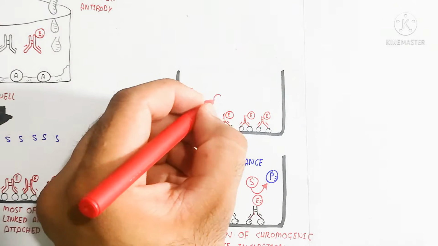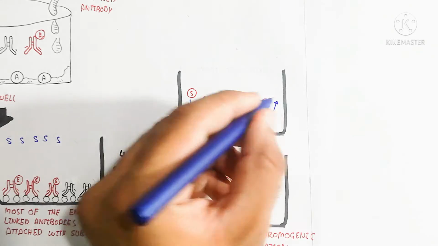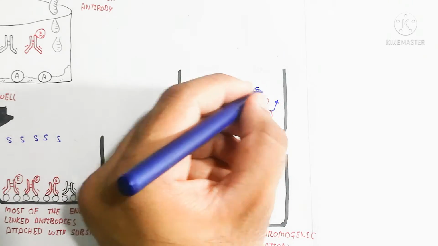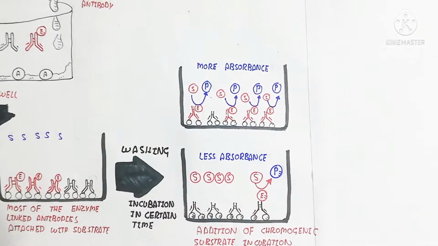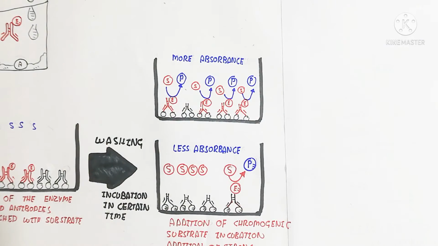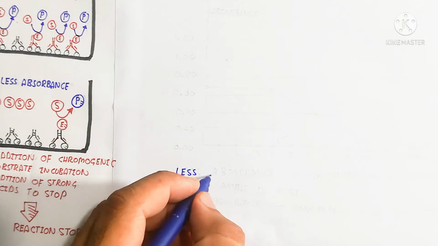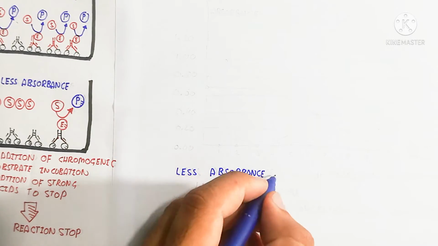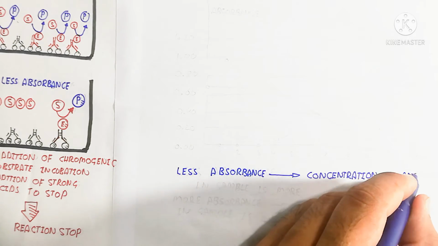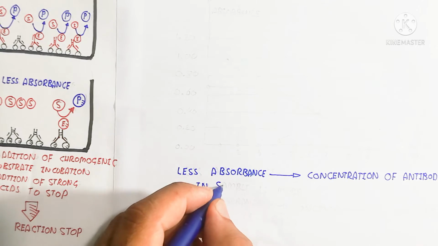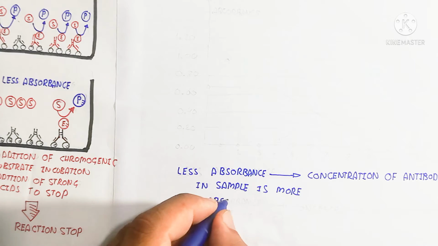Here is the higher absorbance, because more enzyme linked antibodies are attached to the antigen, so the color will be more. It means the antibodies present in the person are fewer. On the other hand, if the enzyme linked antibodies are not attached, less color will be shown, meaning the person is not suspected of HIV infection, so we will use another antigen to detect what it is.